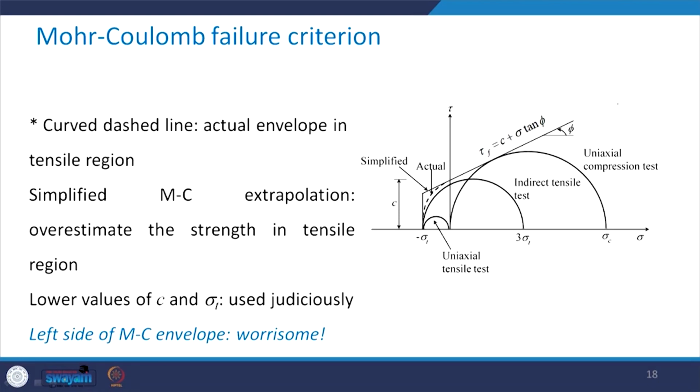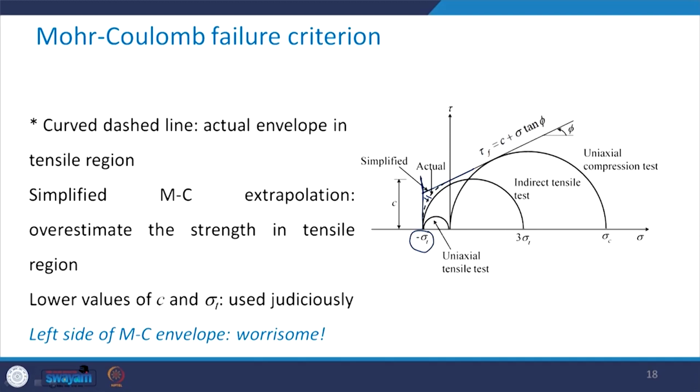Now, take a look at this curved dash line, which is the actual envelope in the tensile region. But what we are doing is extrapolating this Mohr-Coulomb failure envelope in the tensile region and making a tension cutoff here corresponding to sigma 3 equal to sigma t, that is on the negative side.